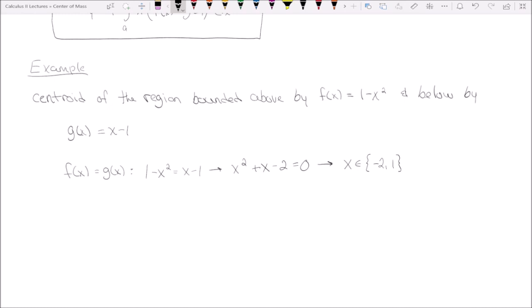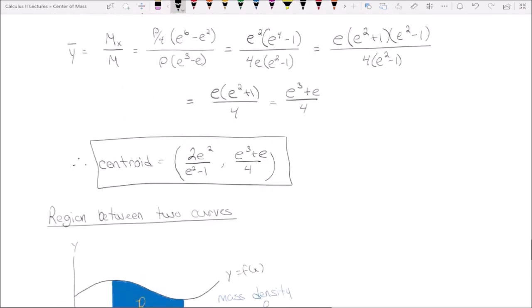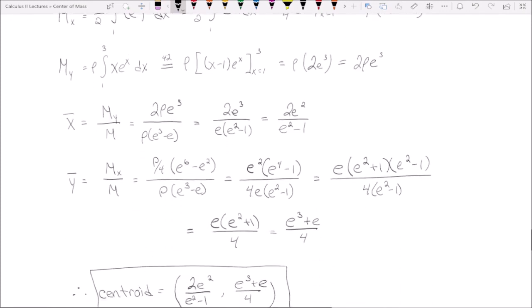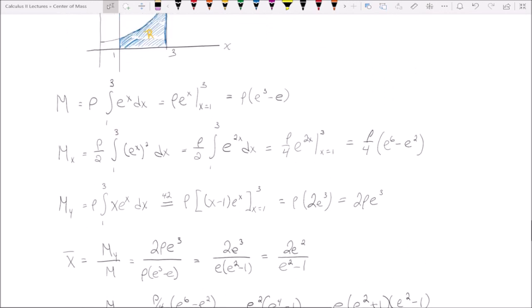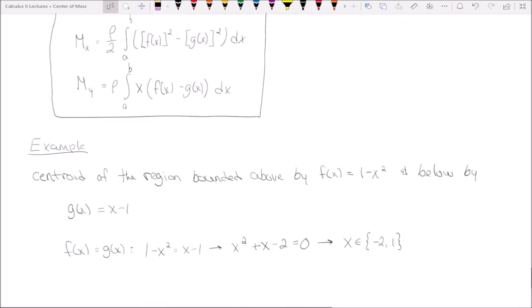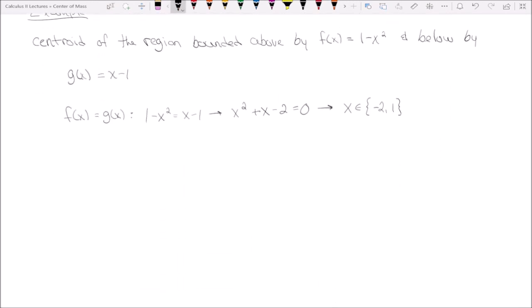Now, the previous example showed that the rho doesn't matter, right? The rhos cancelled out. So without loss of generality, we can take rho to just be 1, right? We can take it to be unitary.